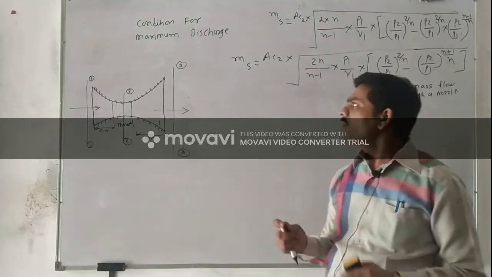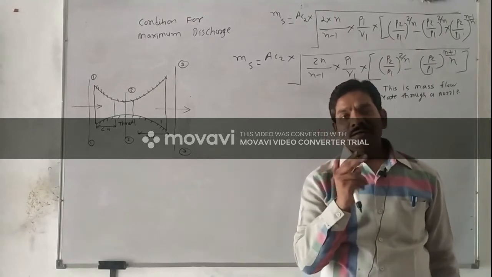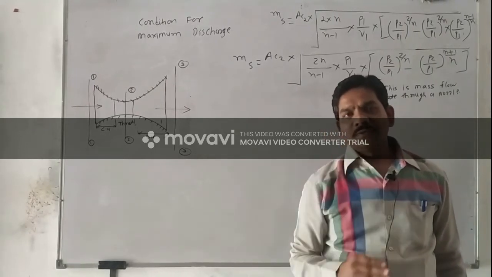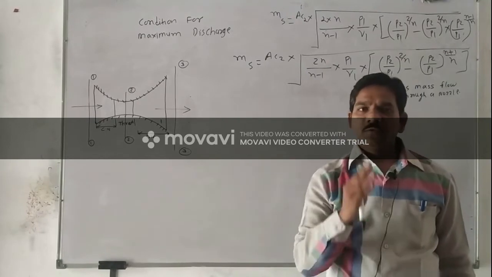What is the condition required for the maximum discharge of steam through the nozzle?